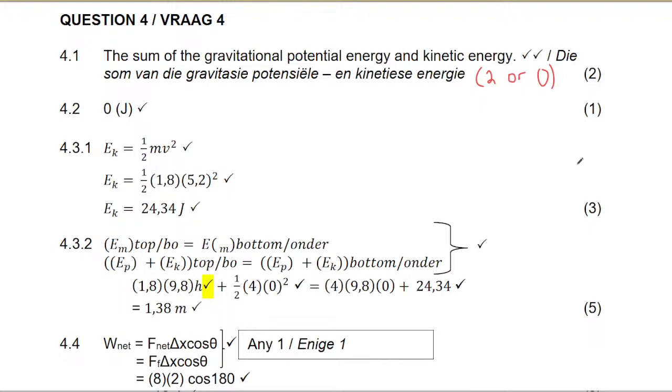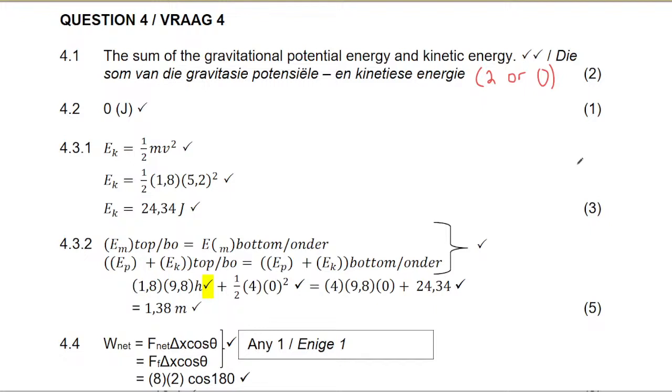Question 4.3, calculate the kinetic energy when the brick hits the ground. Can we calculate that? Yes, we can, because it was mentioned in the question that the brick hits the ground with a speed of 5.2 meters per second. So we've got the velocity now, unlike when it was at the top of that height.